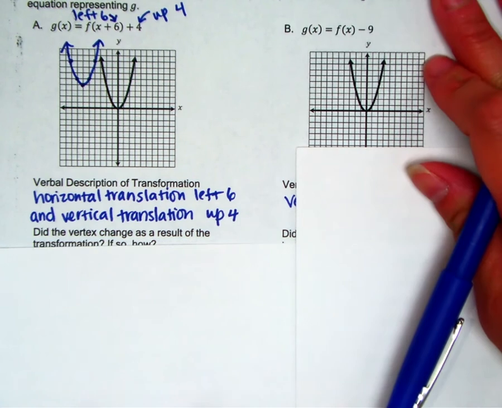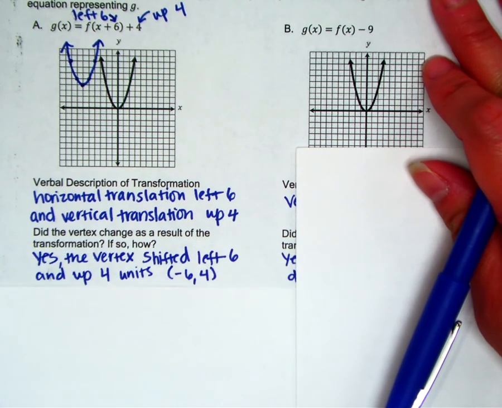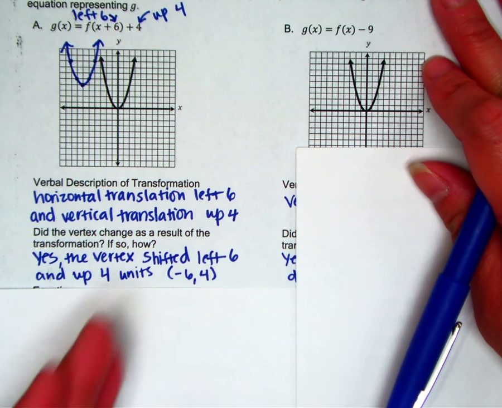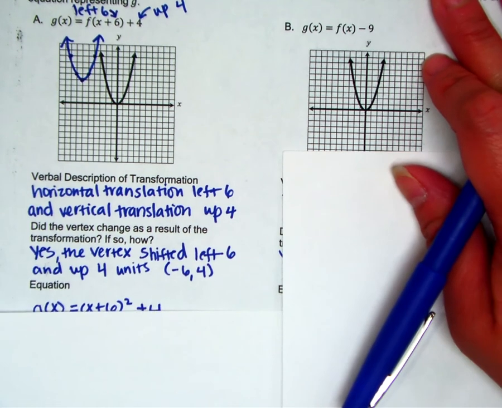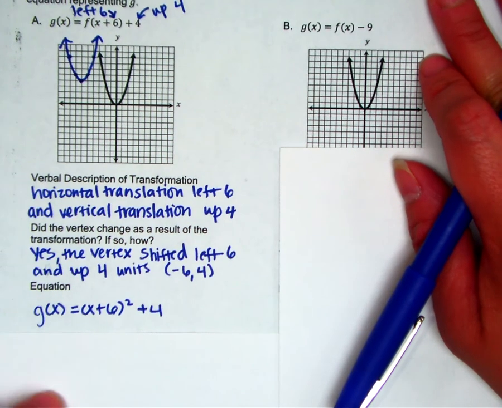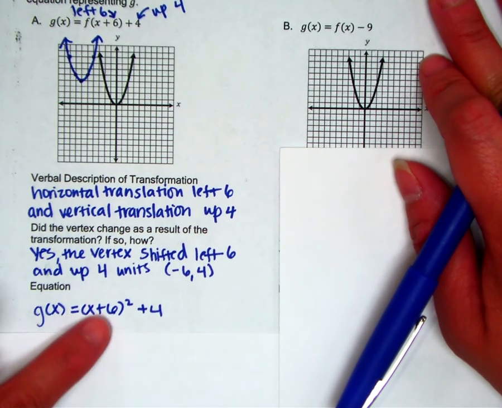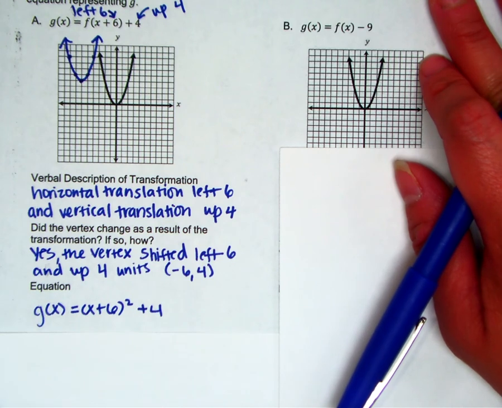The next question is asking, did the vertex change as a result of the transformation? Yes, it did change. The vertex shifted over left and up 4, so it's -6, 4. And the last question is identifying the equation, and the equation is exactly what they gave us. If you're moving left, it's a +6 on the inside. If you're going up, it's a +4 on the outside.